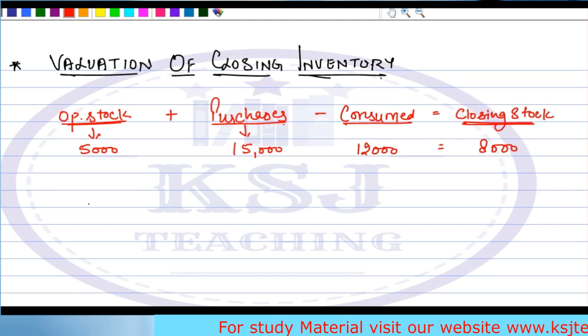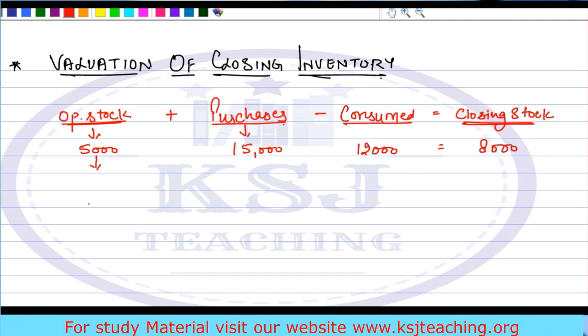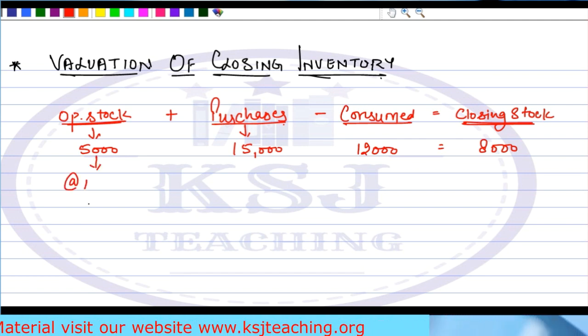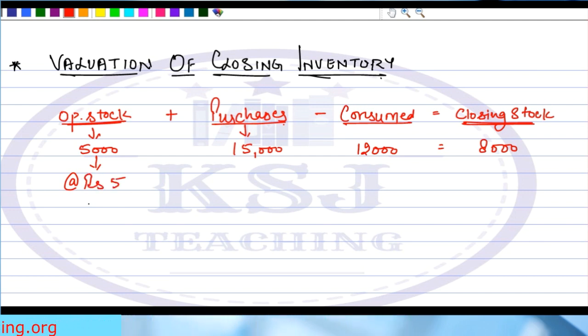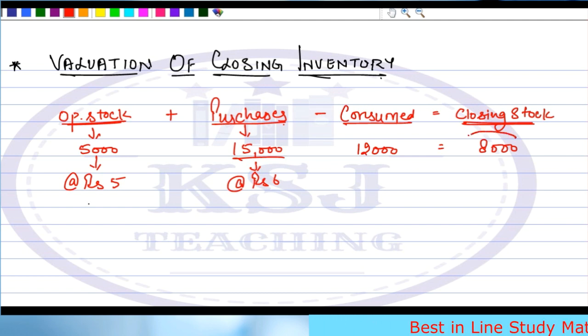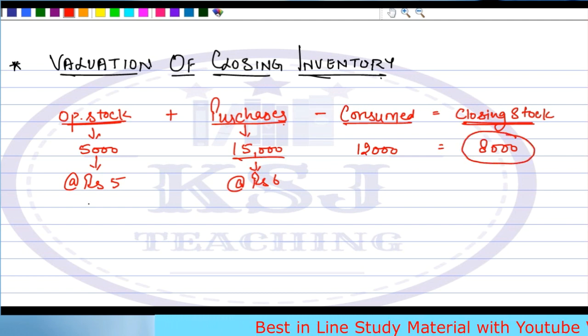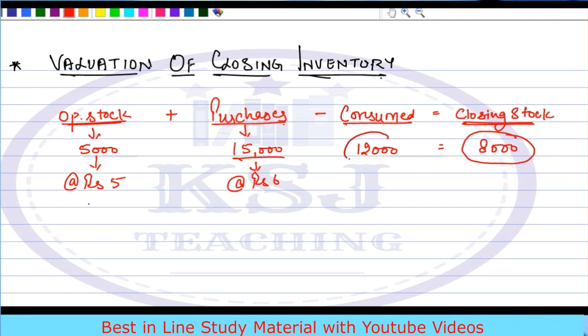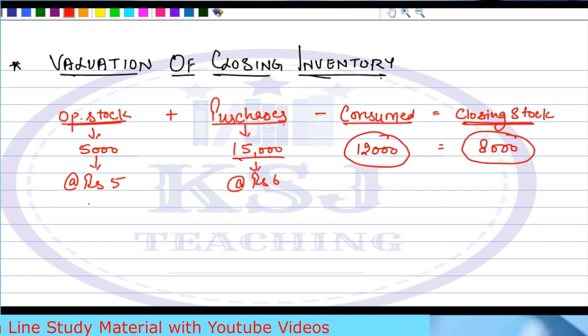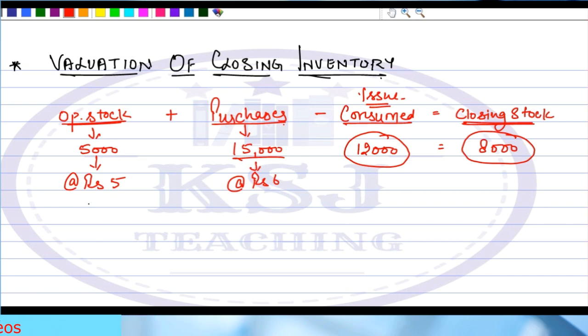Now, the value of this opening stock per unit is say rupees 5. And this fresh purchase you made, say it is at rupees 6. Now you have to find out what is the value of this 8,000 and at what value this consumption, this issue, has been done.